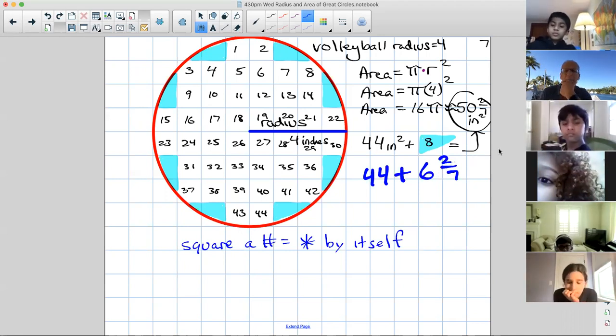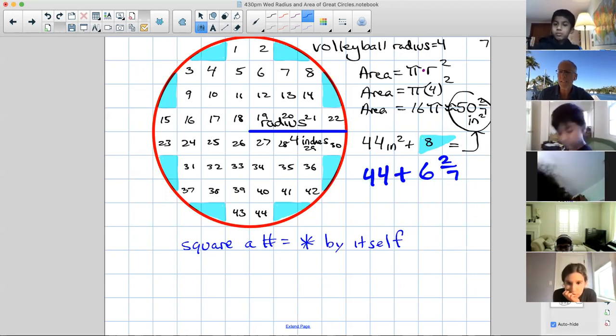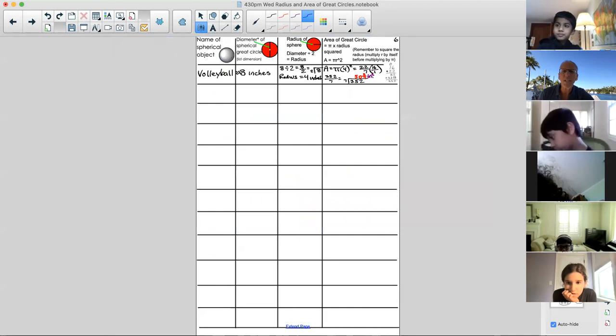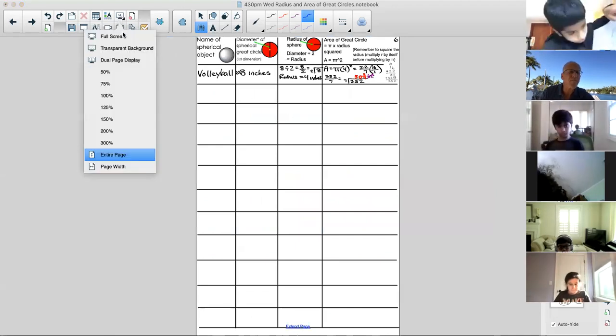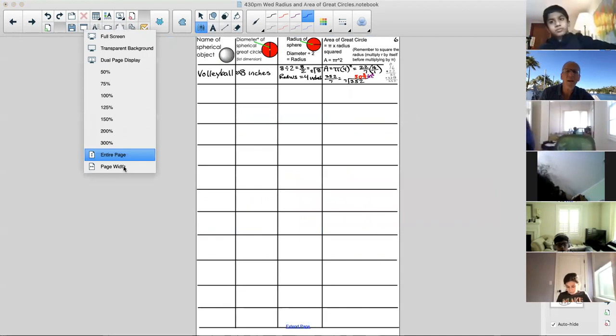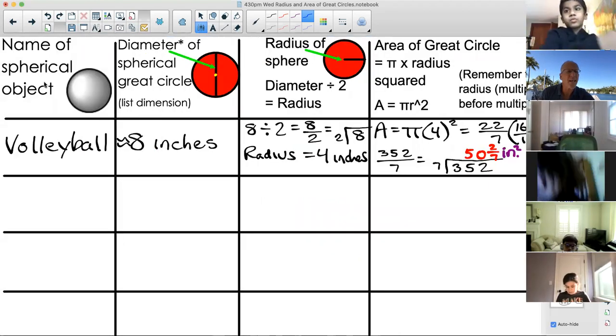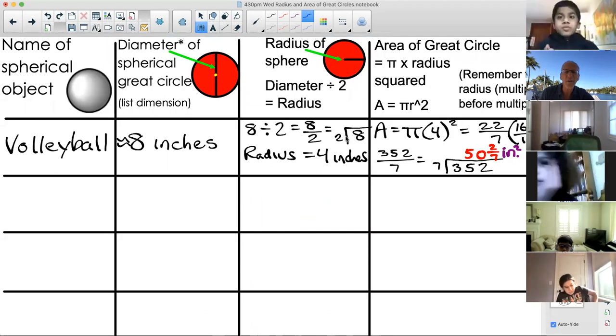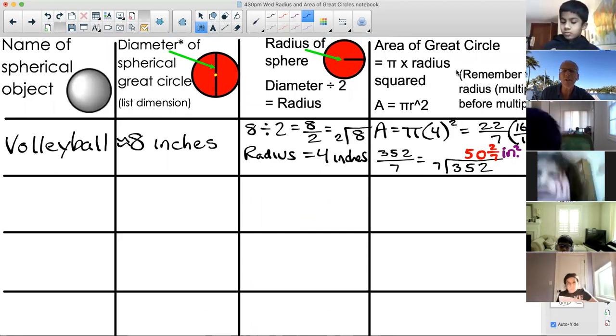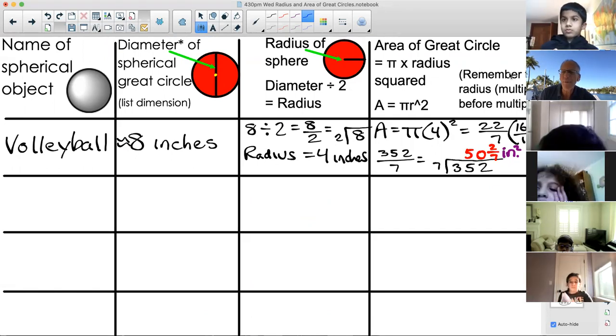Now, I'm going to ask everybody to please go to page 6. Go to page 6. I think what I'd like to do is choose a pretty simple sphere.